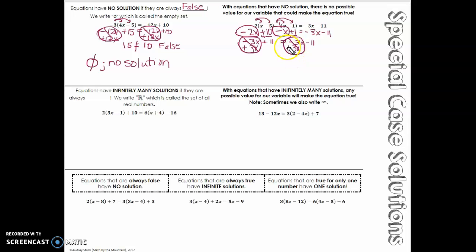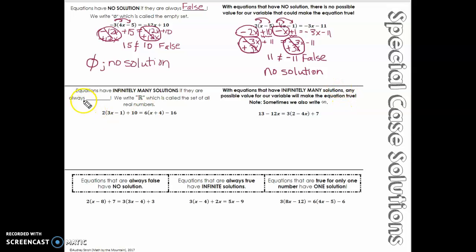That's another indicator that you have a special case. What I have left is 11 equals negative 11. That is also false. They are not equal. So this is another example of where we have no solution. No number for x will ever work in this equation.